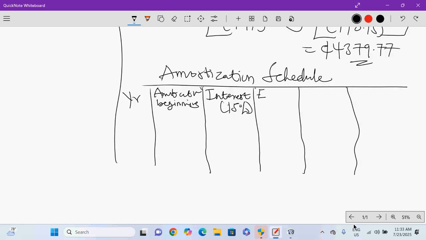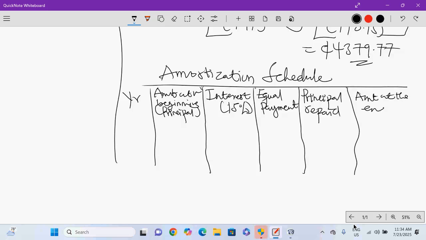Then we have the equal payment or the annual payment, then the principal repaid, and then the amount at the end.